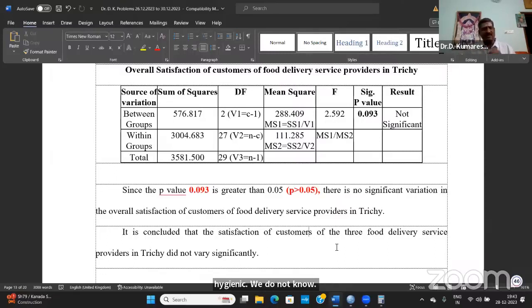Sometimes, see, a regular customer is different. A casual customer is different. As far as the regular customers are concerned, we have to provide more value-added services.